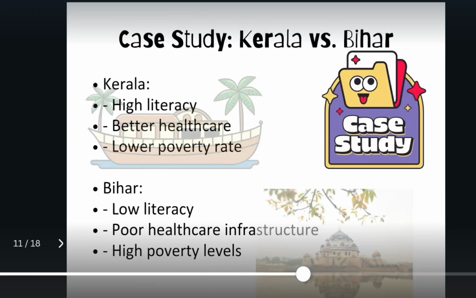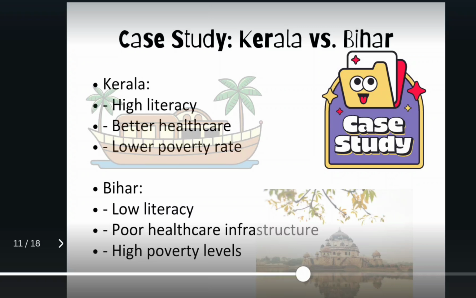Let's understand a case study. So we are comparing two states here, Kerala versus Bihar. Kerala has high literacy, better healthcare, and a low poverty rate. So better literacy, better jobs, income coming in, healthcare is there, basic necessities are there, right?